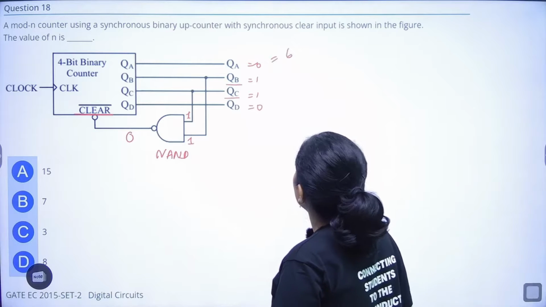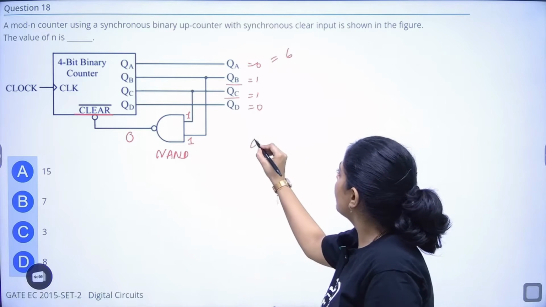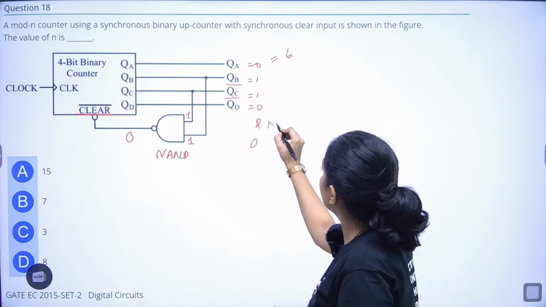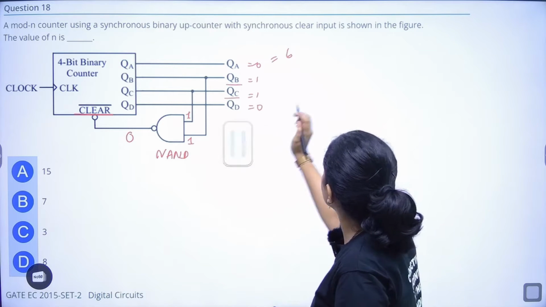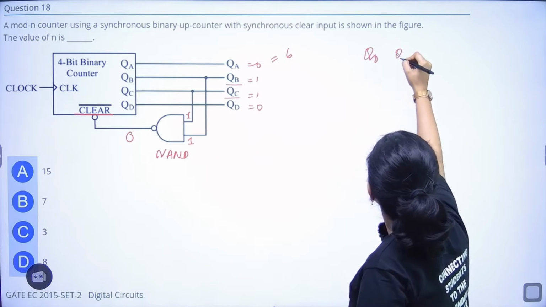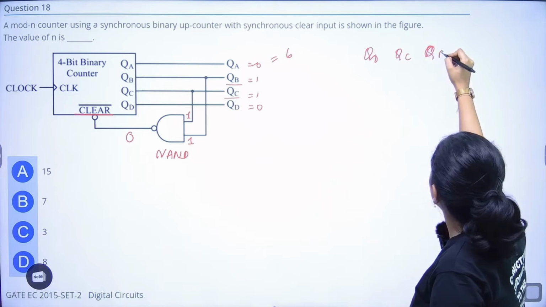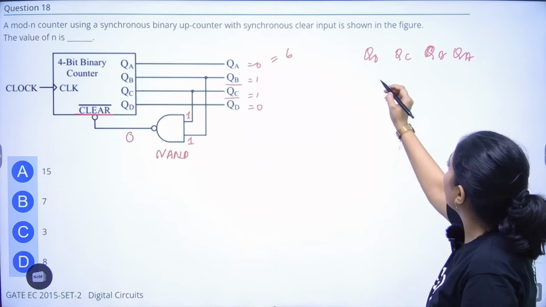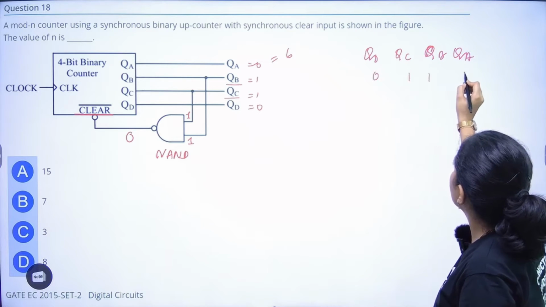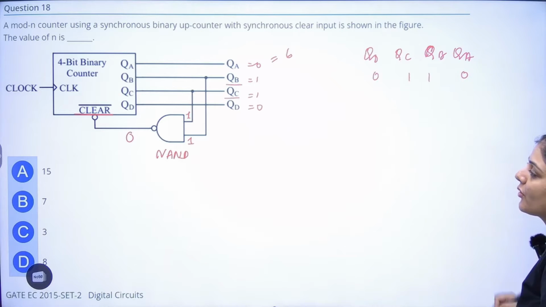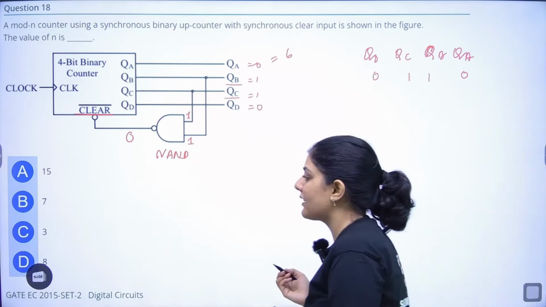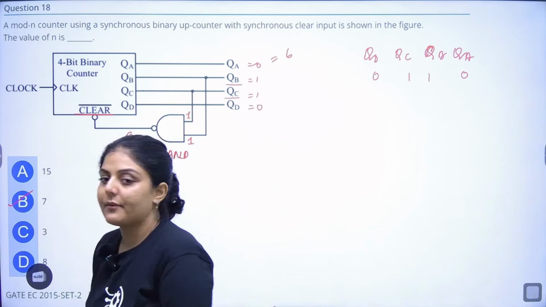This is 6 we are counting: 0, QD, QC, QB and QA. So 0, 1, 1, 0 is nothing but 6. From 0 to 6 if we are counting, that will become your mod 7 counter.